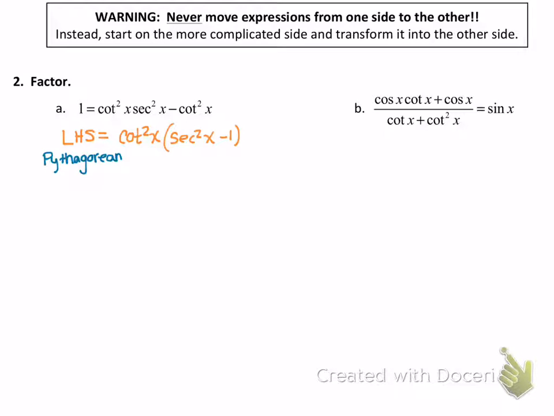So looking at our Pythagorean identities, we have cotangent squared x, but secant squared x minus 1 equals tangent squared x. And I'm going to pick that out because cotangent and tangent are reciprocals of one another.